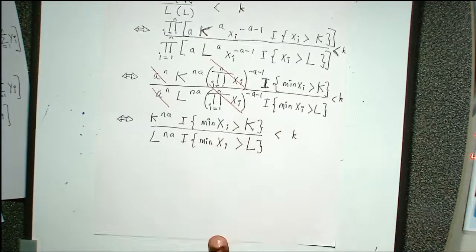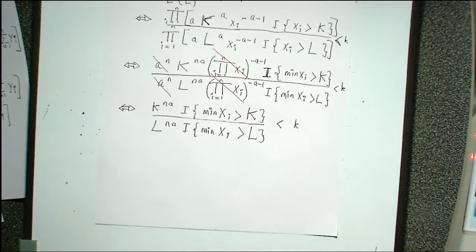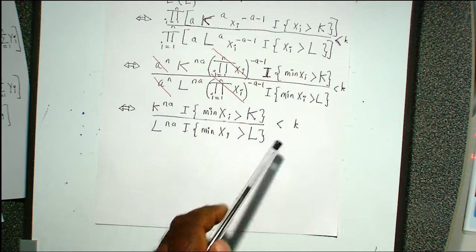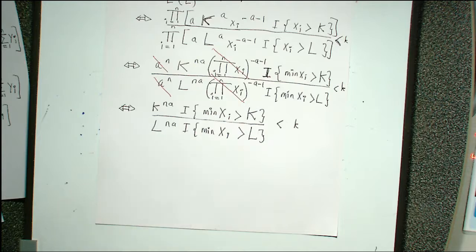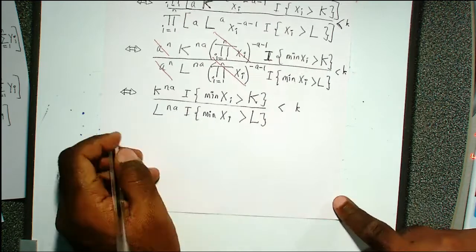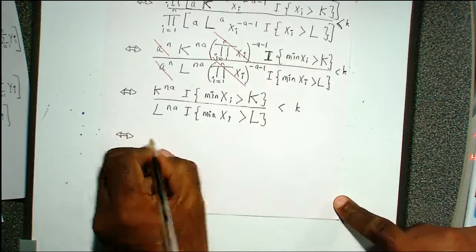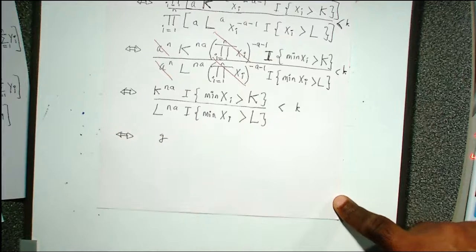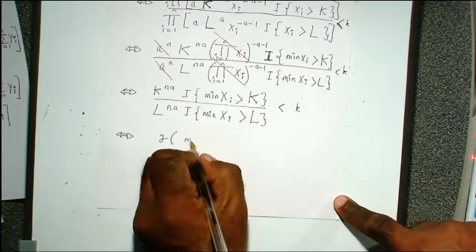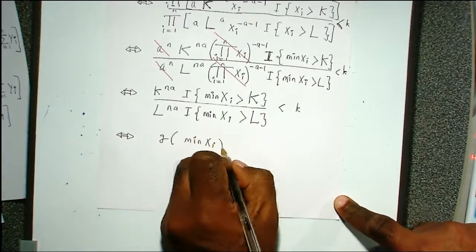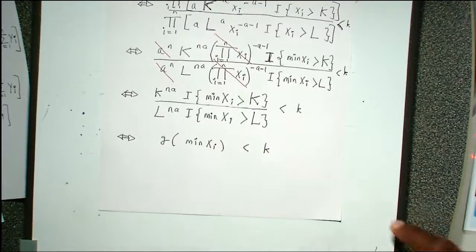Now, if you look at the left-hand side of this inequality, the only term that involves the data is the min of xi. So it's a function of the data through the min of xi. You can call this, say, a function g, I mean, g is any notation, g of min of xi less than k, right?